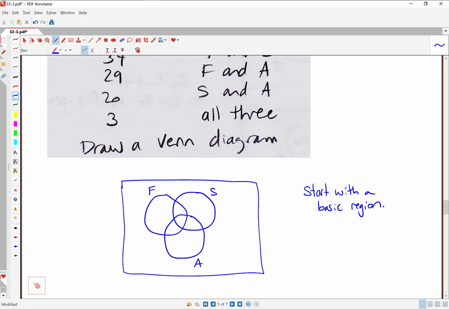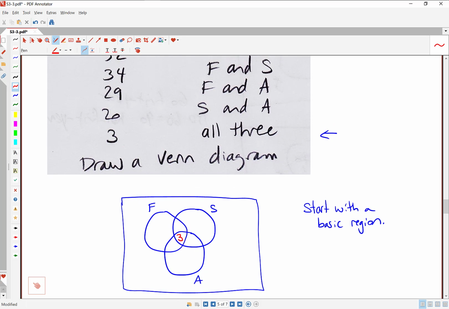But if we look down towards the bottom of the problem, it says 3 employees speak all 3 languages, and that's actually what's going to help us. If you look at the region that's inside all 3 circles, it's right here in the center. We know that's 3. So that's representing a basic region. And then from there, we can work our way up.